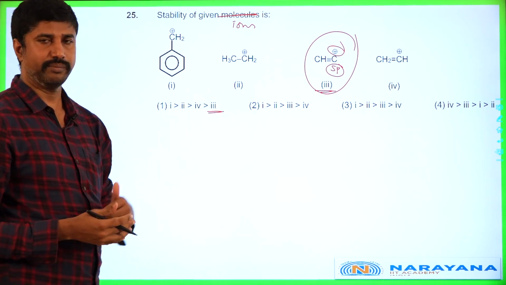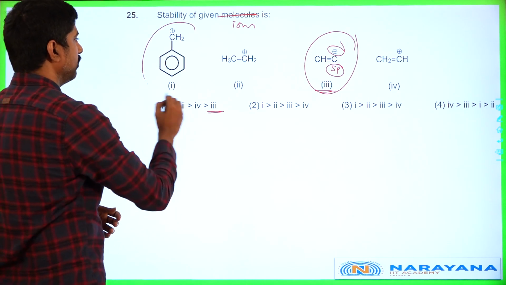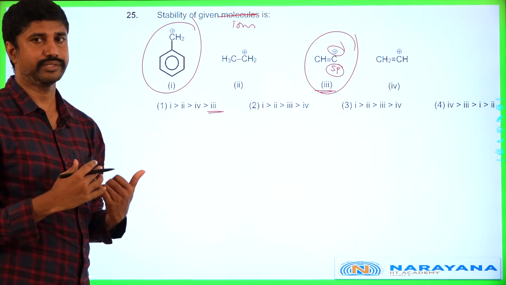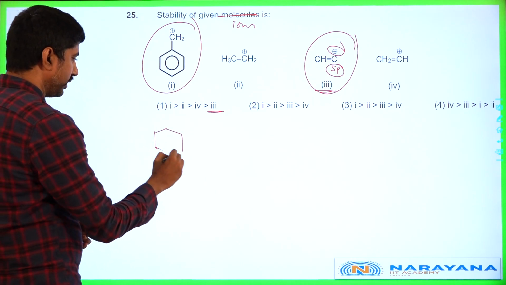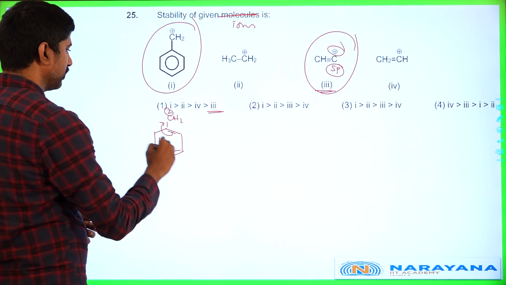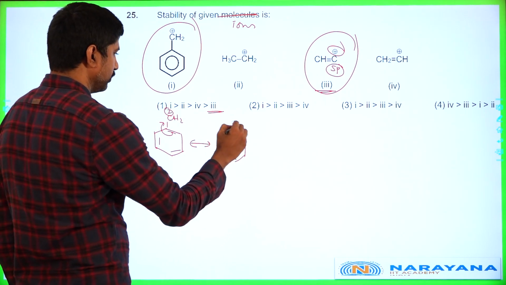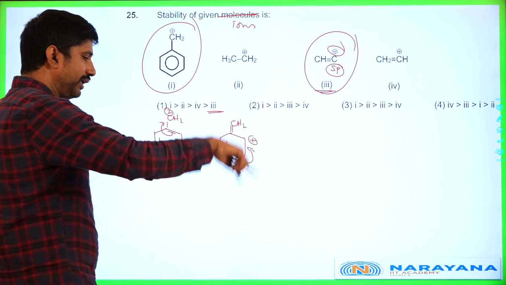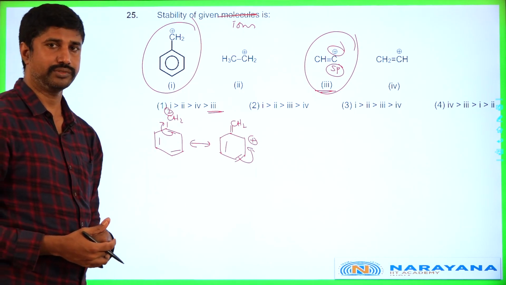By hit and trial method, or by validating the remaining options, we can conclude that the first one, benzyl carbocation, is more stable through resonance, just like aniline, we can write that. The double bond here and CH2 plus, these electrons will be involved in conjugation, so you will get resonance structures. With CH2 plus, double bond and double bond, delocalization of electrons is possible, and undoubtedly the benzyl carbocation is stable.